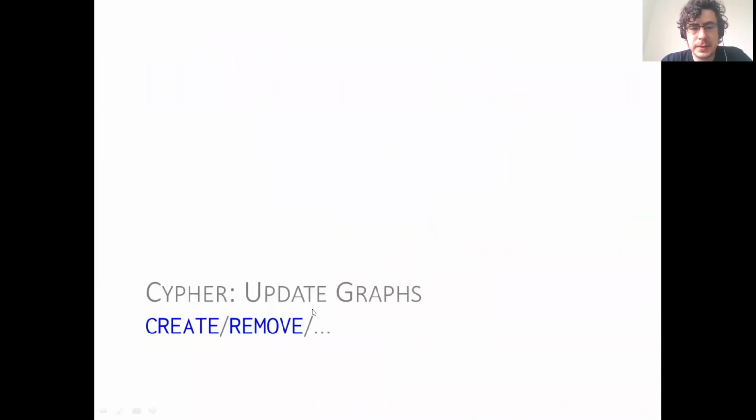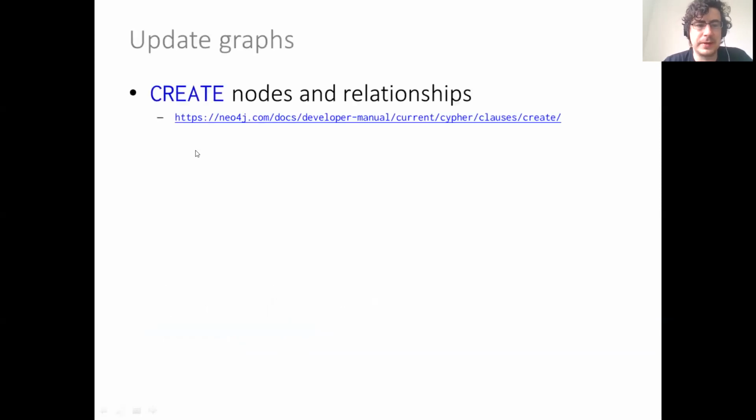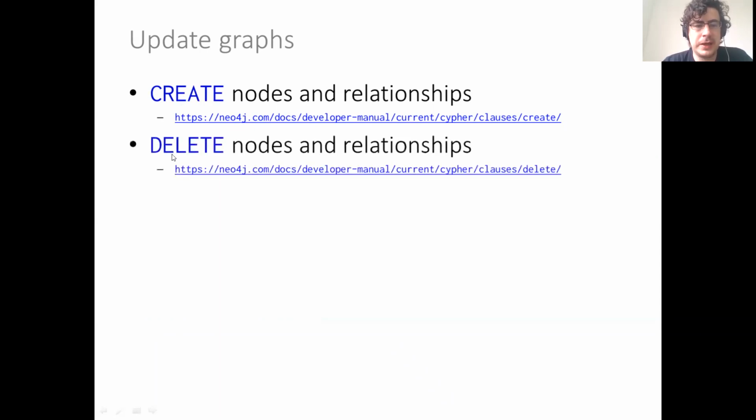So with respect to updating graphs, thus far we've spoken a lot about querying graphs. How to update graphs, just very briefly, to mention some of the commands that we have in Neo4j. We can use create to create nodes and relationships. We can use delete to remove nodes and relationships.